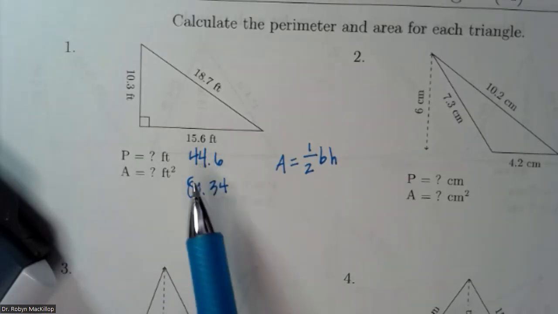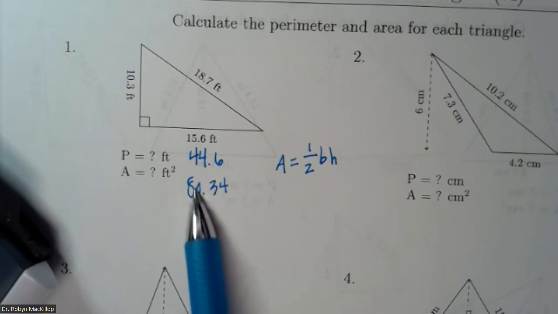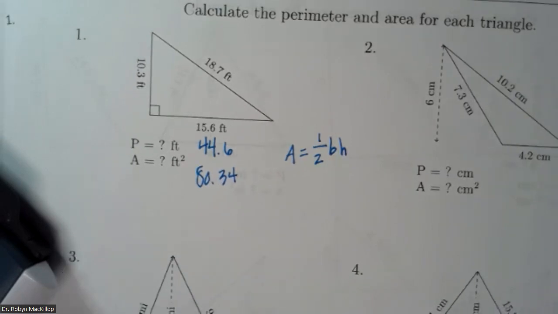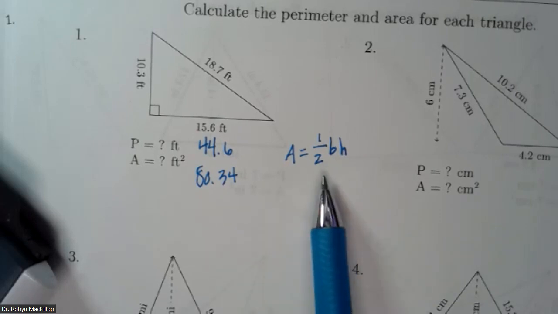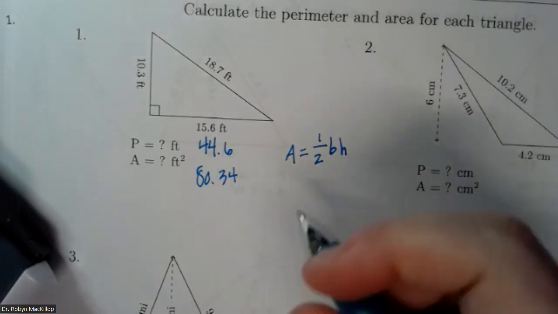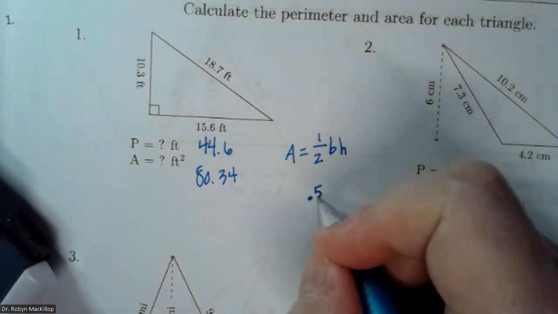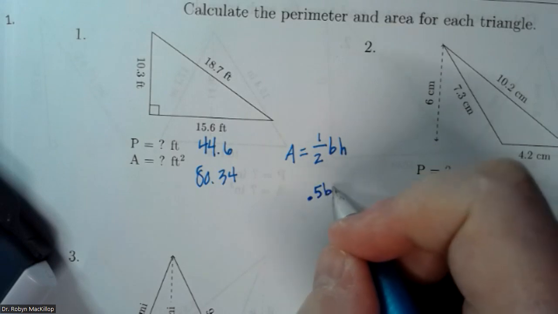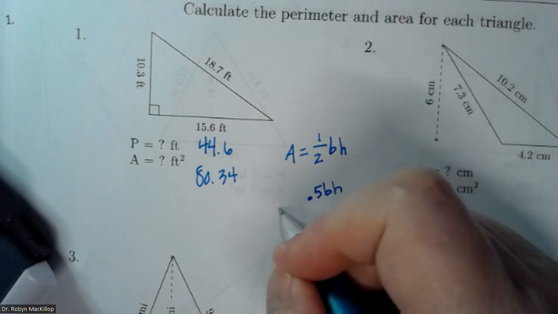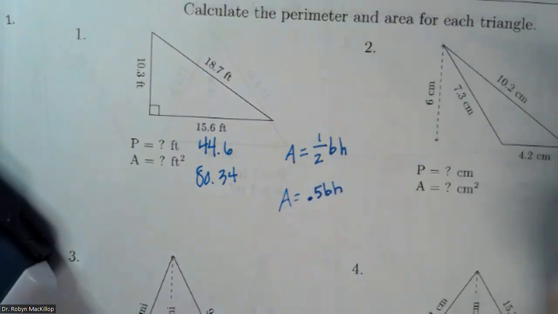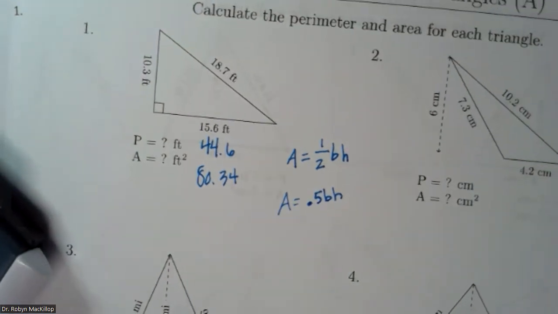It's also unlikely that on the GED test, they'll ask you to do both for one shape. All right, so it's not too bad. 1/2 times base times height. And you can always use 0.5 for the 1/2 if that's easier to type in. So that would be area equals 0.5 times base times height.